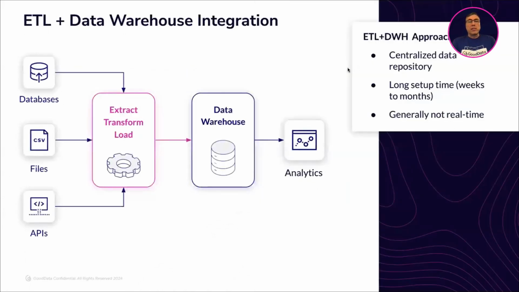So previously, the only way to integrate multiple data sources with GoodData was to use ETL pipeline to extract data from multiple sources, load it into data warehouse, and connect as one data source to GoodData.